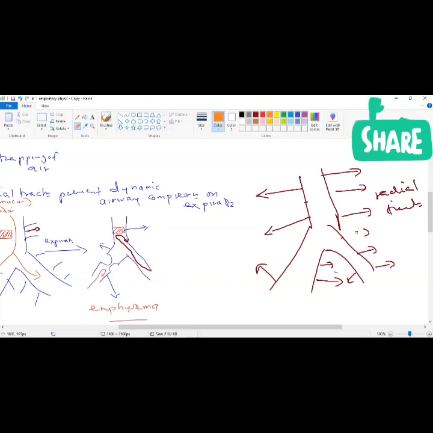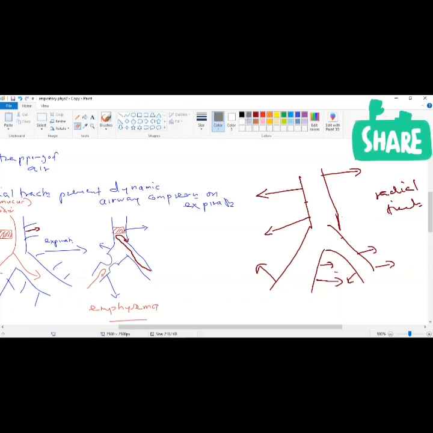How much radial traction will I see in this patient on inspiration? Less. So there will be less radial traction in this patient on expiration. I have fewer elastic fibers holding the airway open on expiration as well.